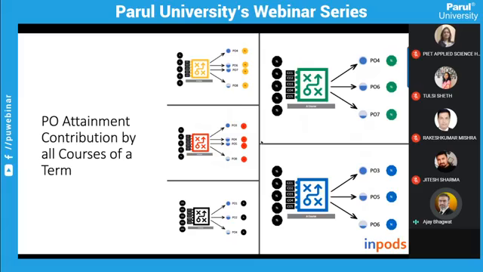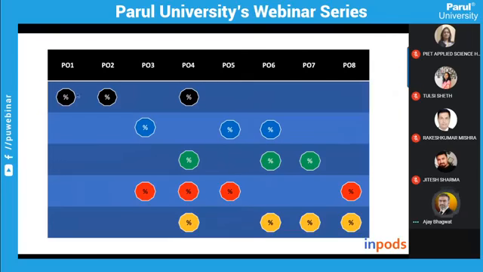Now, if you further zoom out, you will see that this course has 3 POs mapped with it. Another course also has 3 POs. This also has 3 POs. The 4th course has 4 POs, and a 5th course also has 4 POs mapped with it. Now, if you look, PO4 has 4 courses mapped to it.